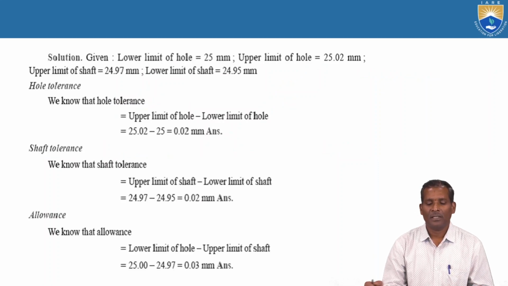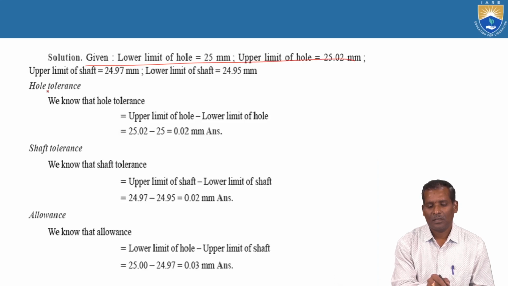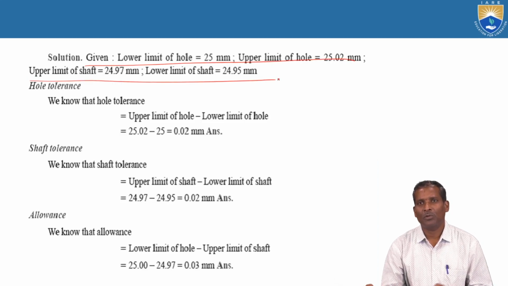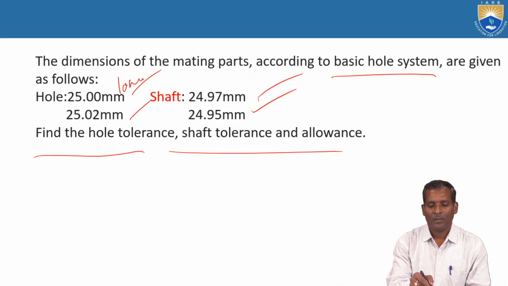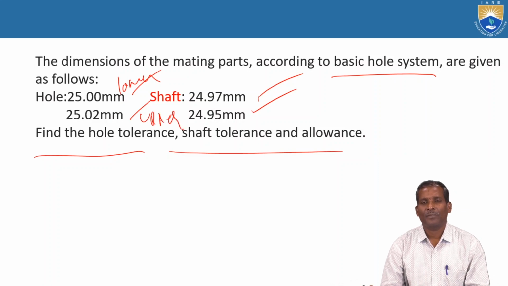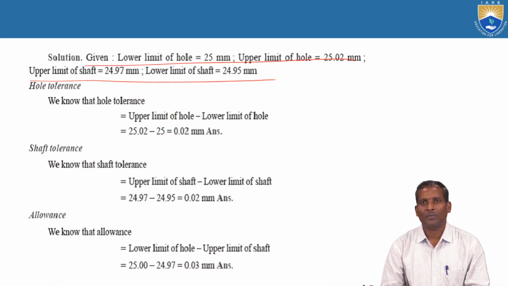So the given data: the lower limit of the hole is 25 and the upper limit is 25.02. The upper limit of the shaft is 24.97 and the lower limit is 24.95.